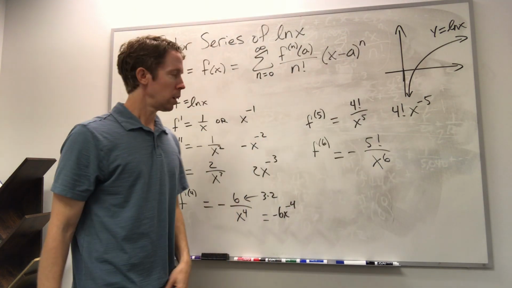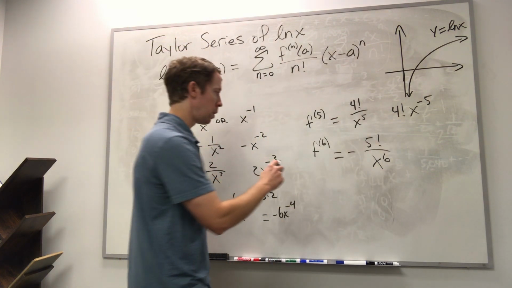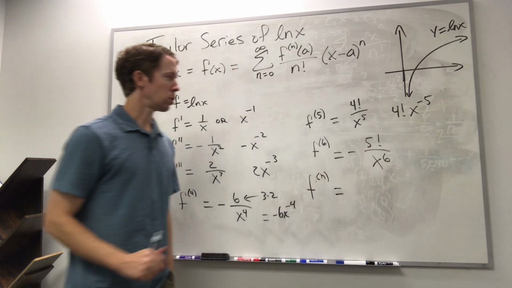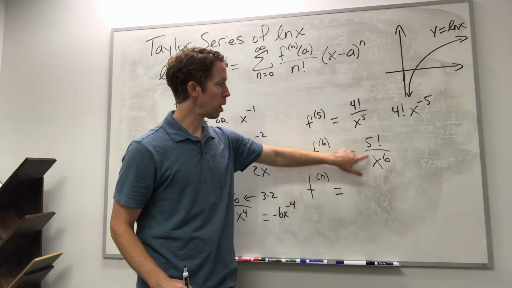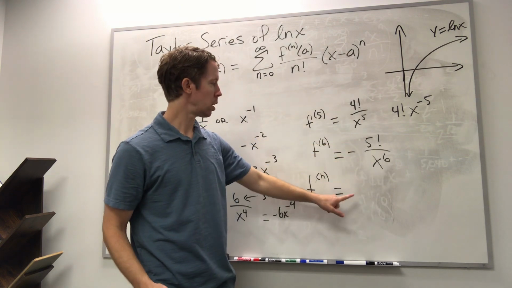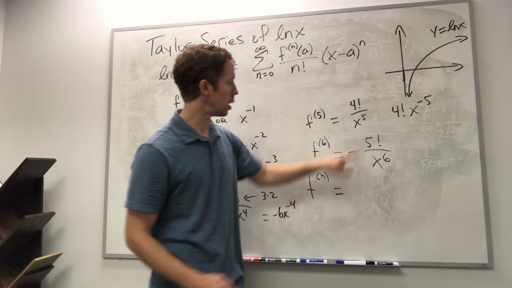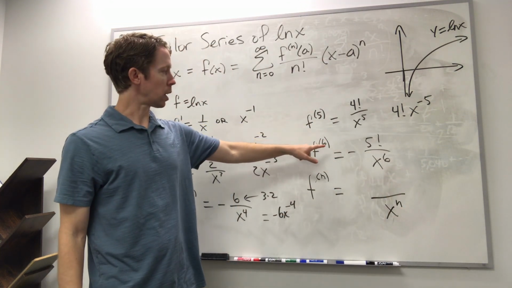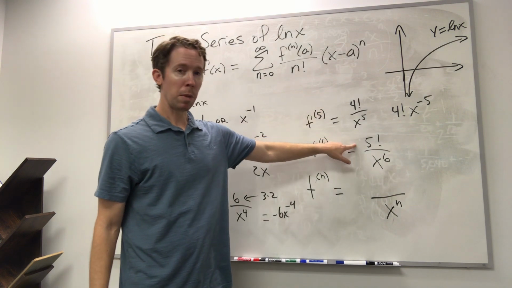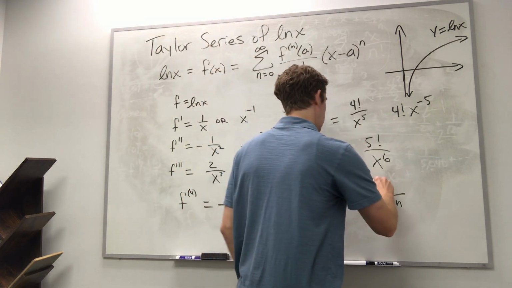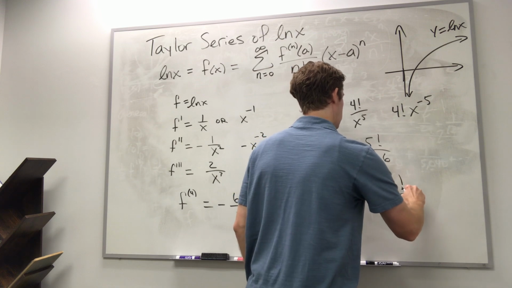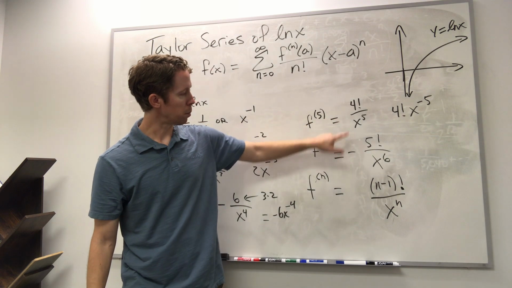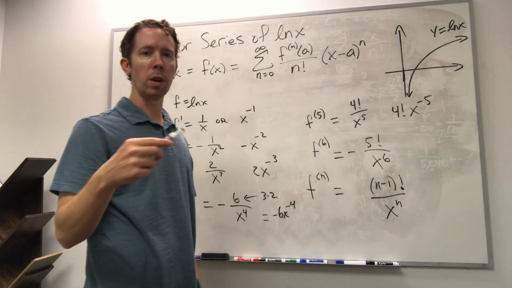So this is working. Now, I want to get the nth derivative. So I think the numerator and the denominator aren't that hard to see. The denominator should be just x to the n. The numerator looks like it should be n minus 1 factorial. And then to pick up this alternating negative and positive, I'm going to do negative 1 raised to a power.